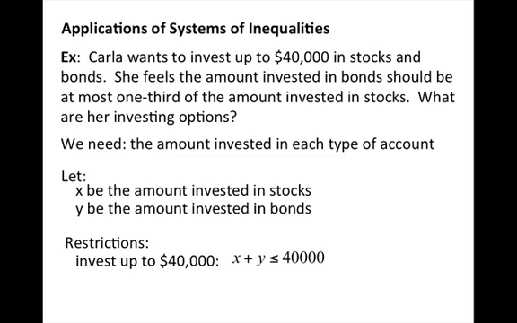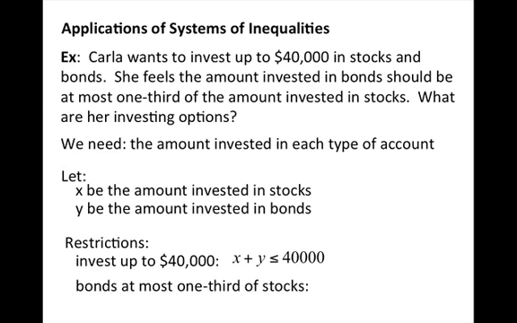Then look for another restriction. The second sentence says she feels that the amount invested in bonds should be at most 1/3 the amount invested in stocks. So bonds are at most 1/3 of the stocks.